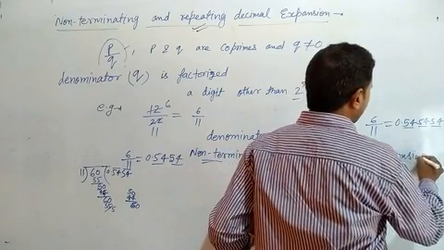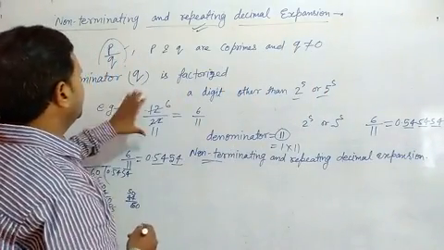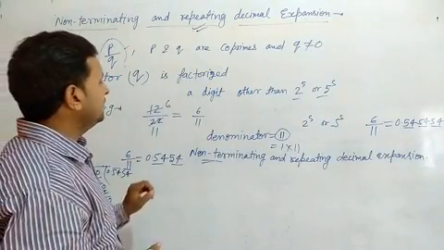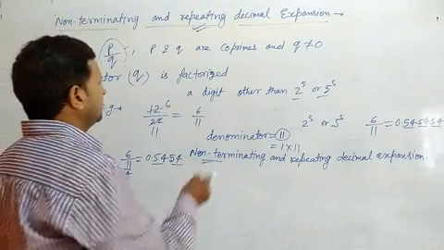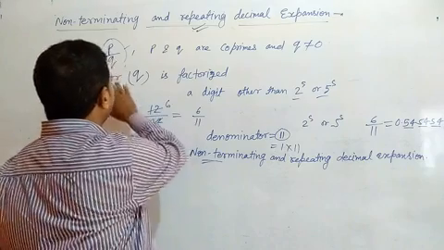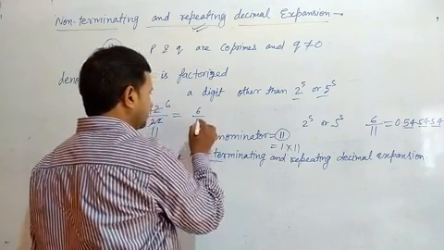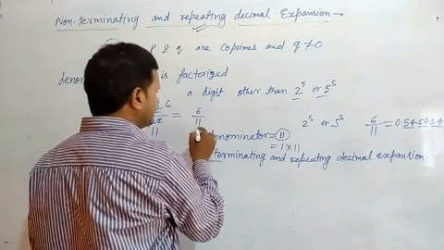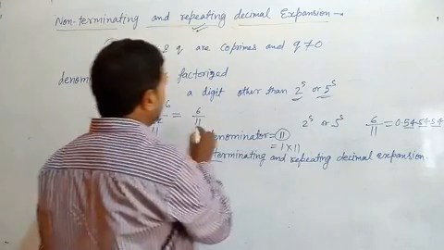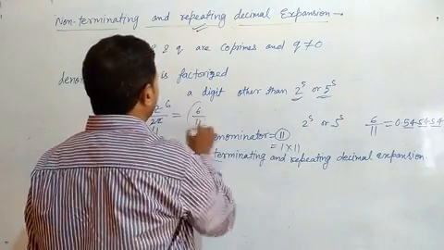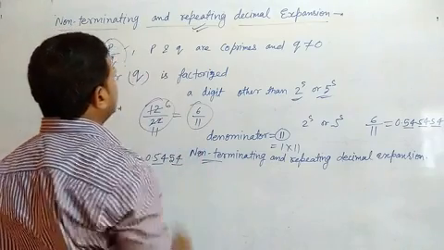I hope you understand this very well. First of all, we have to find whether it is terminating or non-terminating. If in the simplest form of the given number its prime factor is other than 2's or 5's, then we can say the given number is non-terminating.